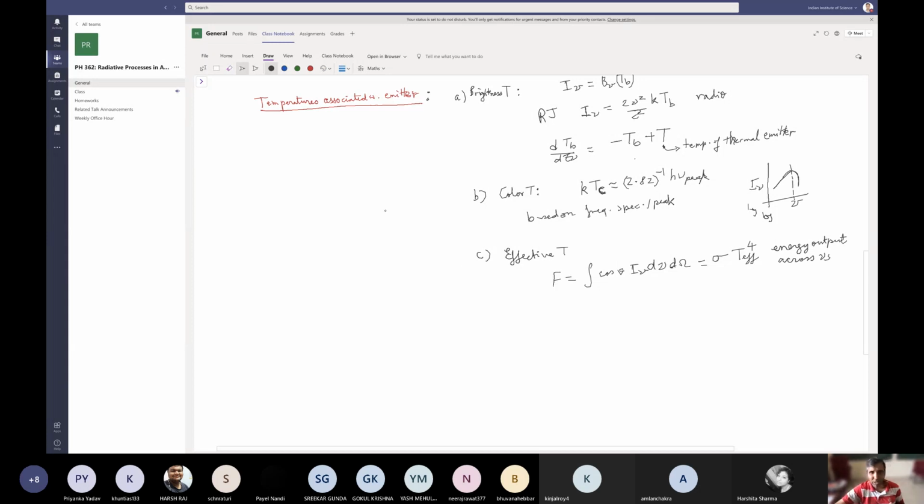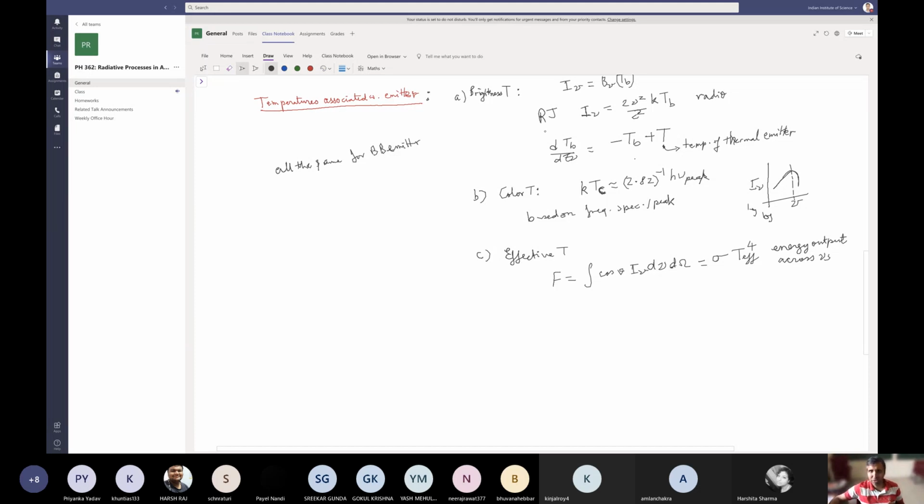Okay, and if you have a black body emitter, then all these three definitions will agree. Why would they all be the same for a black body emitter?